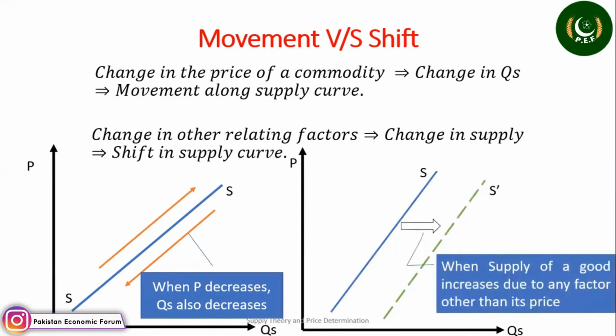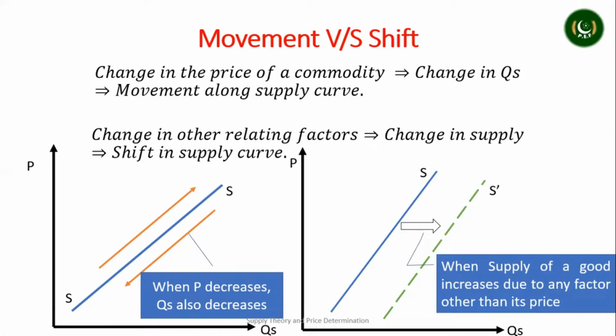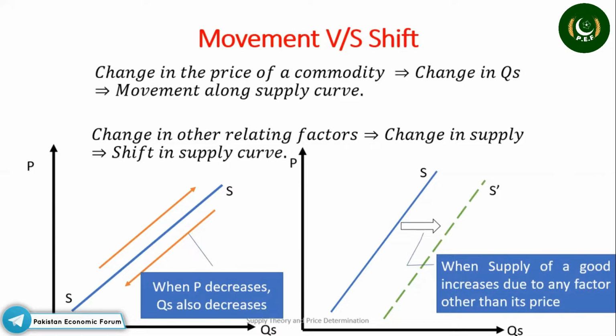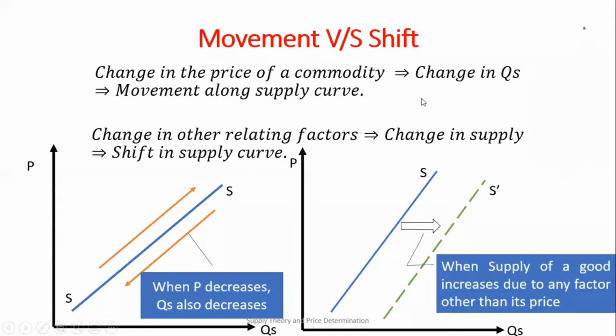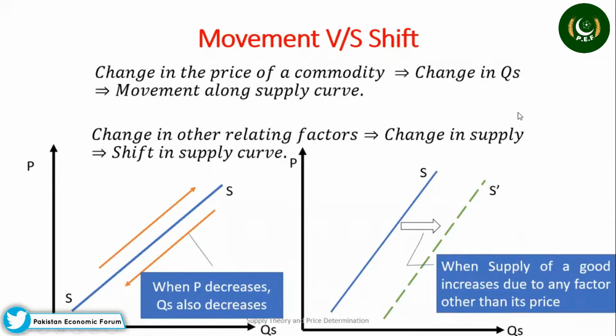If any sort of change increases the supply, for example, availability of more quantity of money or improvement in technology, then this results in shifting the supply curve to the right. Same as we discussed in demand.